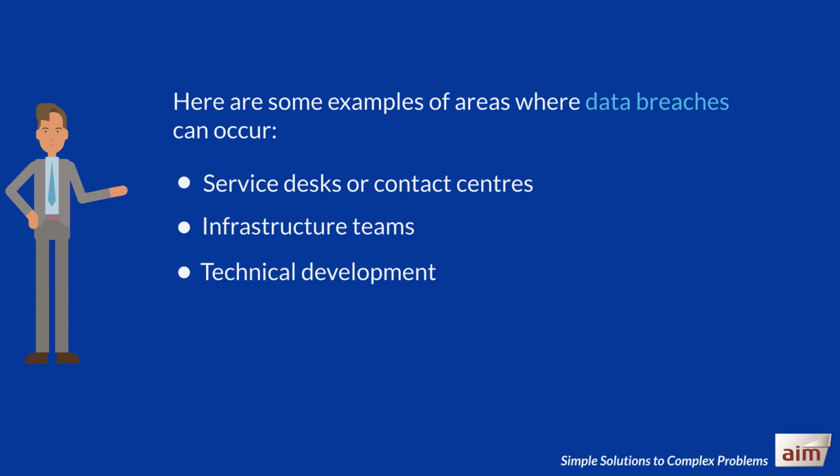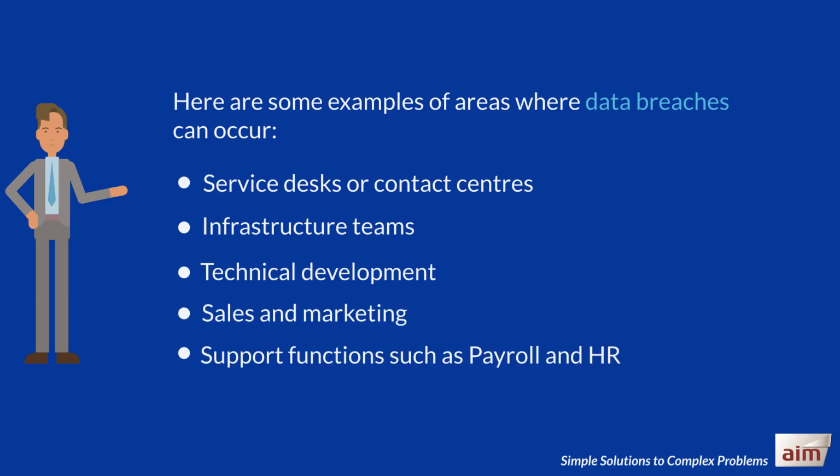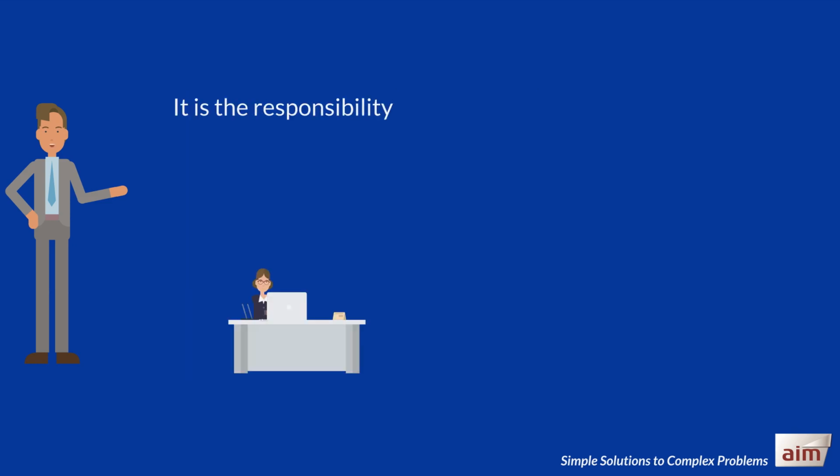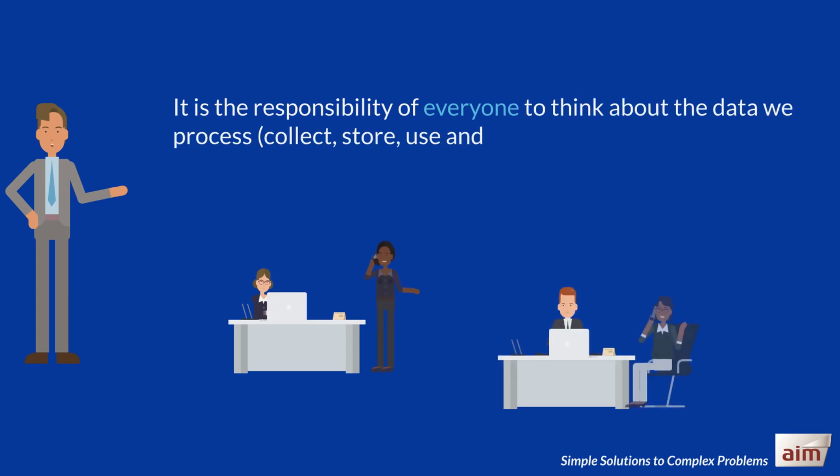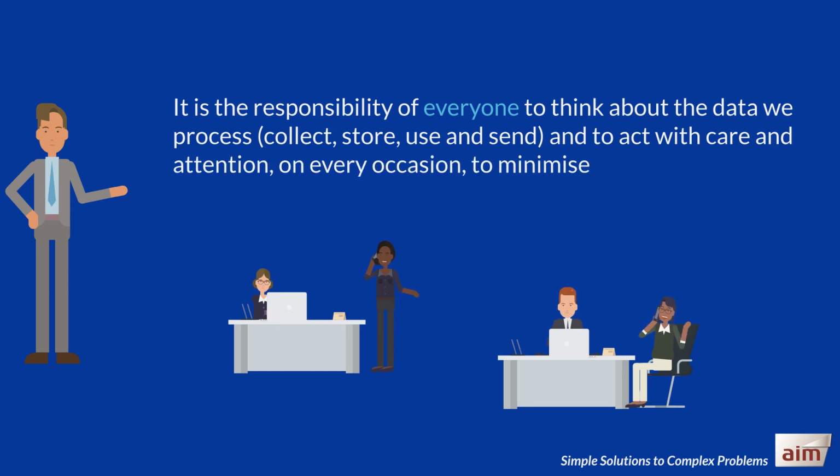Infrastructure teams. Technical development. Sales and marketing. Support functions, such as payroll and HR. It is the responsibility of everyone to think about the data we process, collect, store, use and send, and to act with care and attention, on every occasion, to minimize the risk of data breaches.